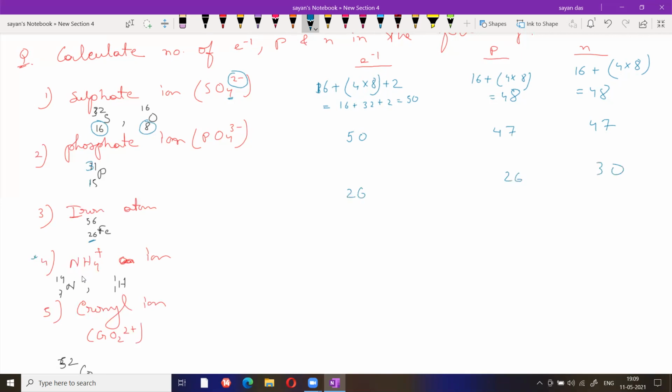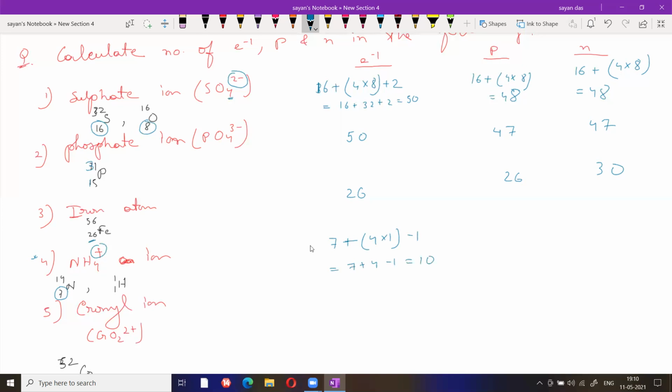NH4 plus. Look for NH4 plus number of electron. How many electron present? 7 plus for hydrogen, 1 electron. How many hydrogen is present? 4. Minus 1 because this one is positive. So this becomes 7 plus 4 minus 1 equals 10.